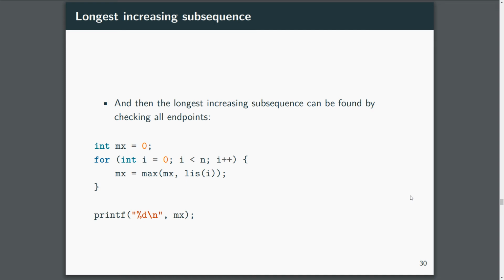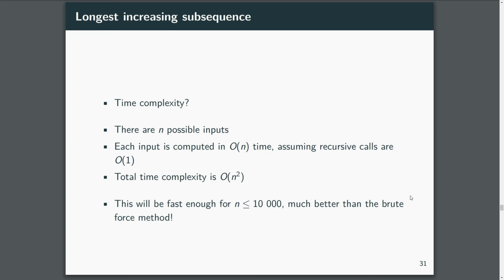Okay, and then as we did in the max sum problem, we just go through all the indices and take the max of the answer at each index. So what's the time complexity?